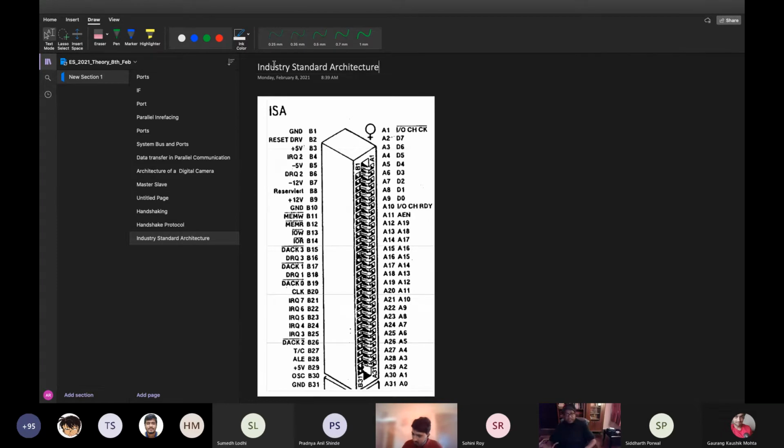So look at these signals. I'll just say a few things about the signals. Please look at this. So this is generally available on industrial grade computers.